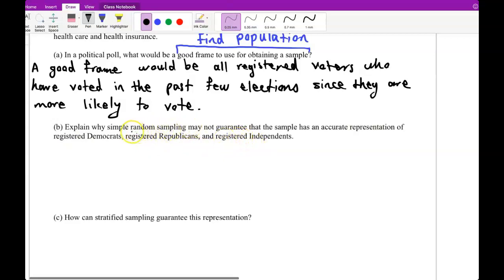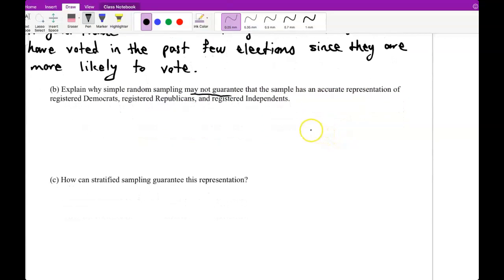The reason can be that each individual from the frame, or from our population, has the same chance of being selected, and there is a possibility of one group being under or overrepresented.